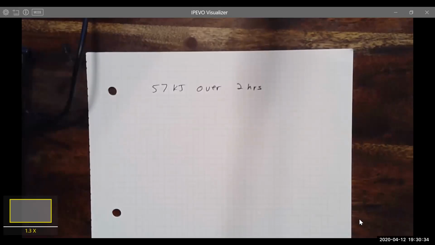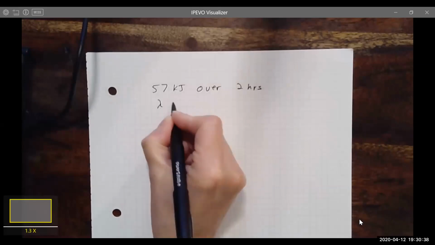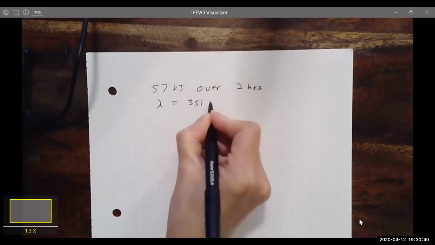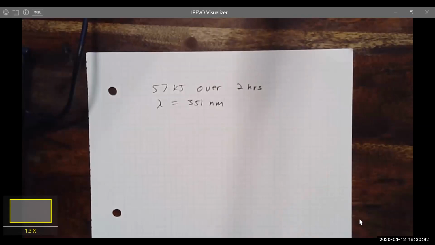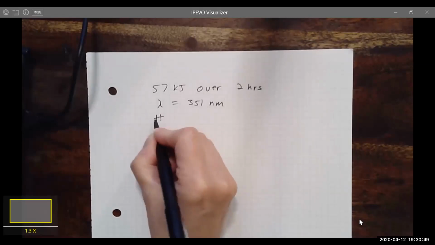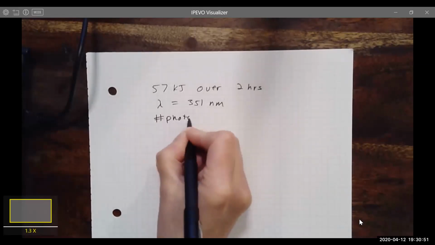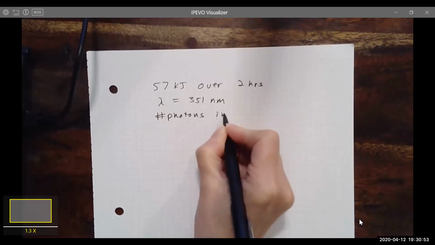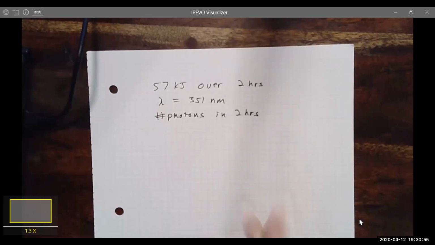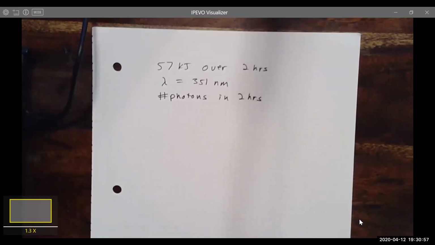We're also given that the wavelength of the light is 351 nanometers. And we want to know how many photons are released in that 2 hours. So we're looking for the number of photons in 2 hours. That summarizes the problem.